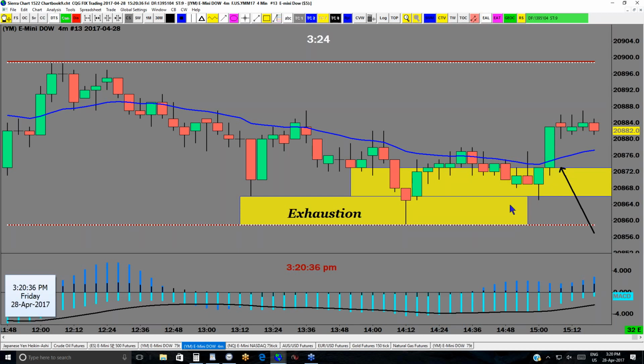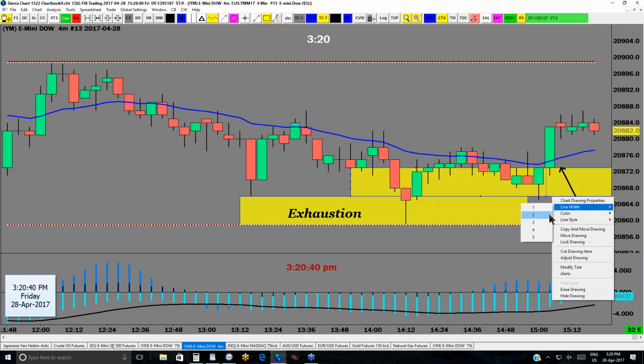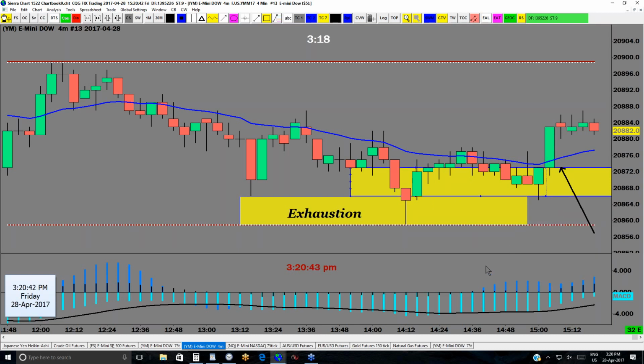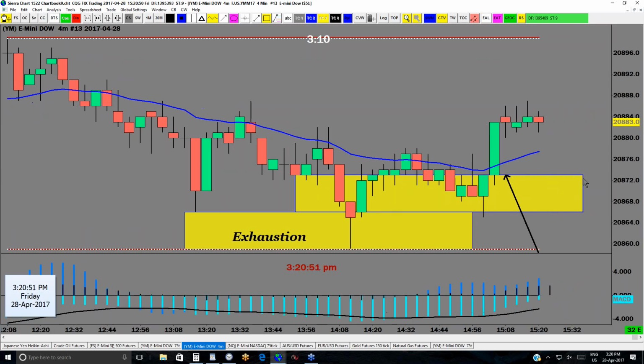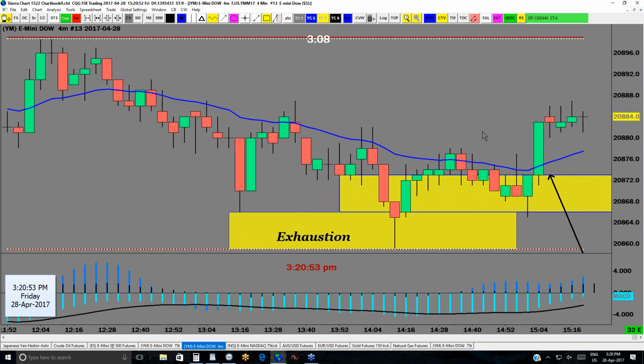So we got our pullback down in here, and it held pretty nicely. Like I say, we don't always get everything we look for, but in this case it did turn out quite well. This is 4-minute candles, and that's very similar to that ES.